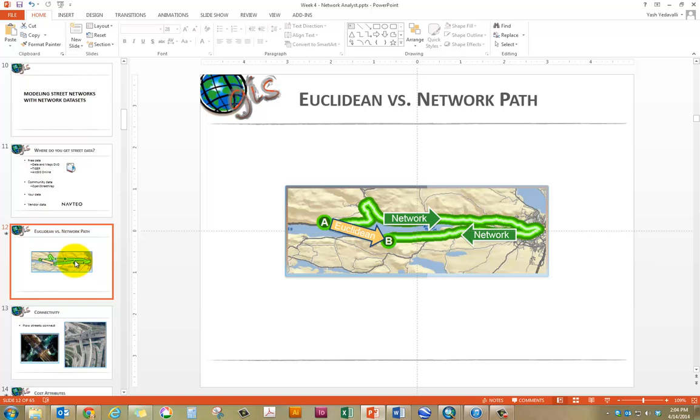Euclidean and network path. Again, let's talk about how a network dataset, how this network analyst works.